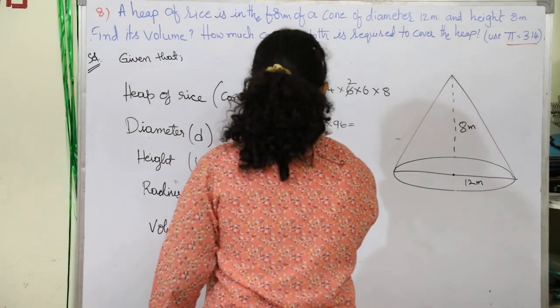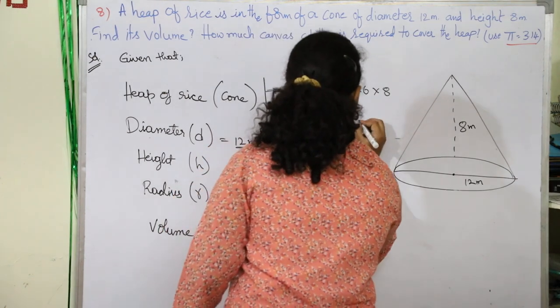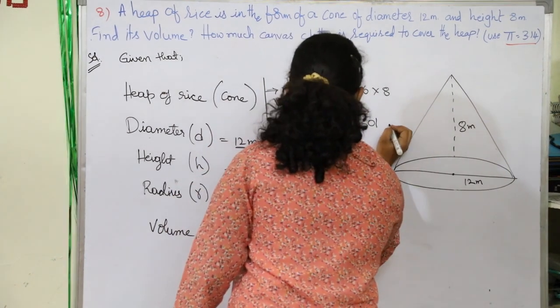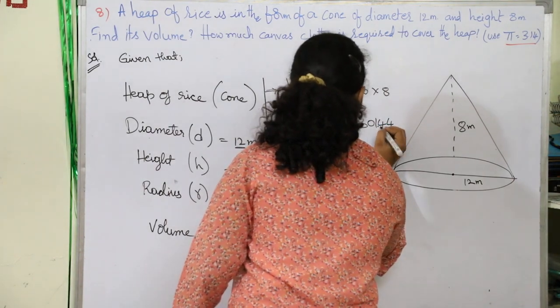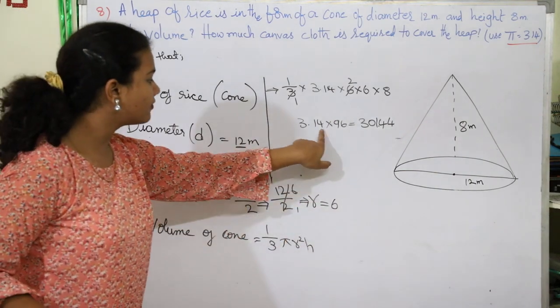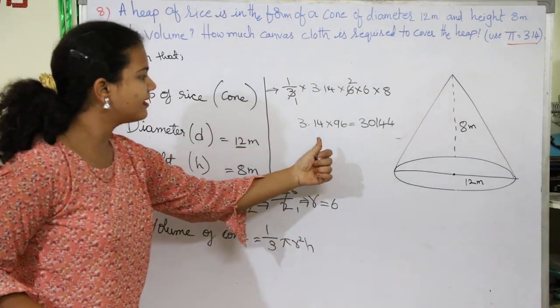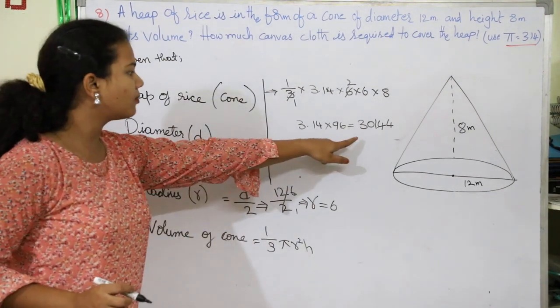So this gives what? 3.14 into 96. Okay. 301.44, where point after 2 digits from the left. So here we got what?